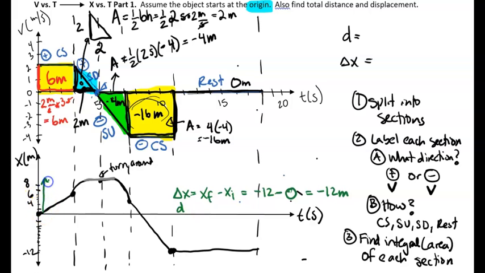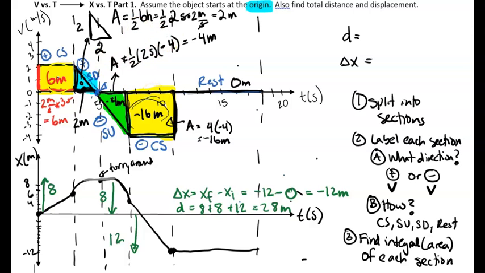I go up to 8, then I go backwards 8, and then all the way down to -12. So I'll just add up how far I go: 12 plus 8 plus 8, and that's going to be 28. Cool. Great.